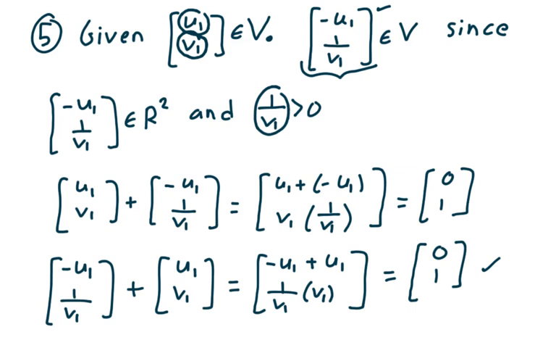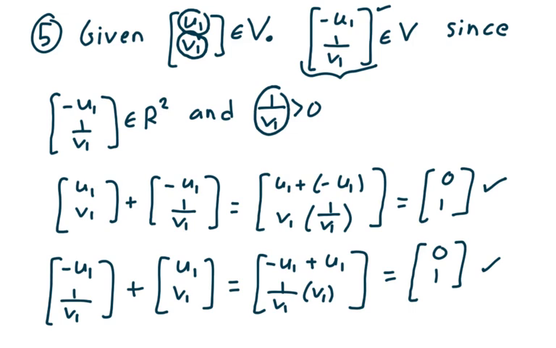So when we add these, take the column vector u1, v1 plus negative u1, 1 over v1. This is equal to u1 plus negative u1, v1 times 1 over v1. And this is equal to the column vector 0, 1. And very similarly, if I take negative u1, 1 over v1, and add it to u1, v1, that column vector, I get the column vector negative u1 plus u1, 1 over v1 times v1.